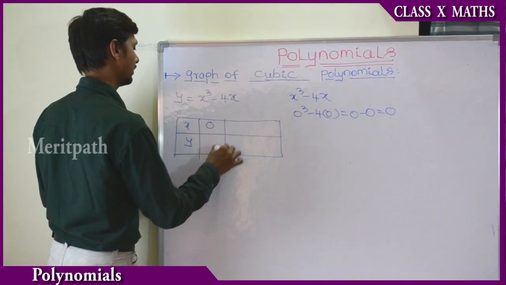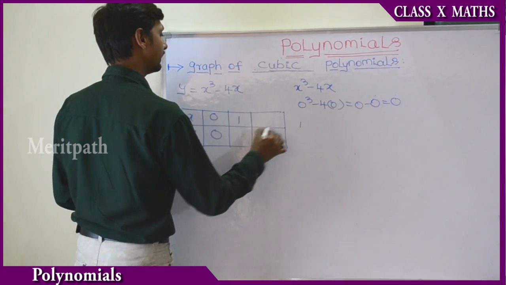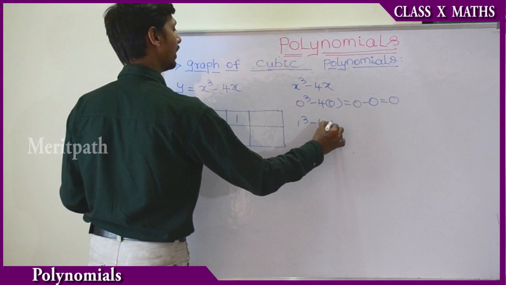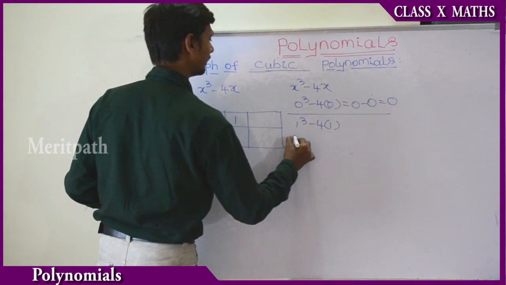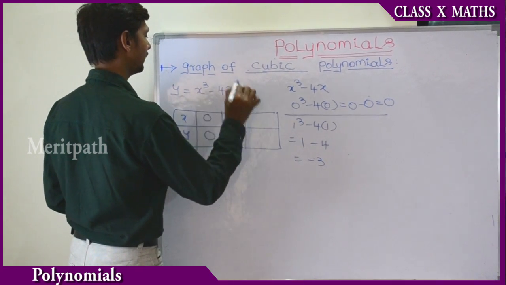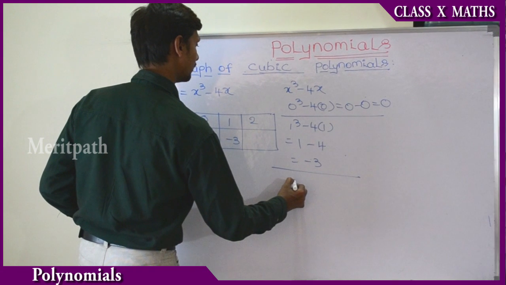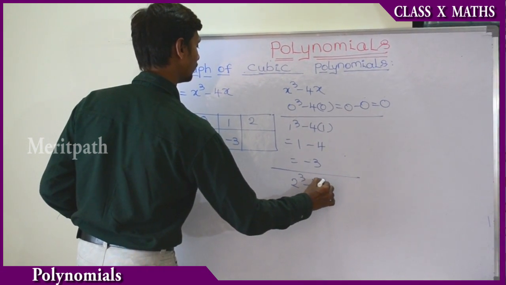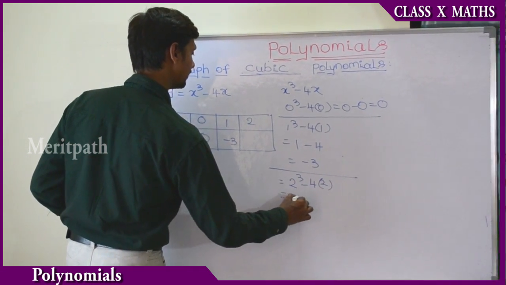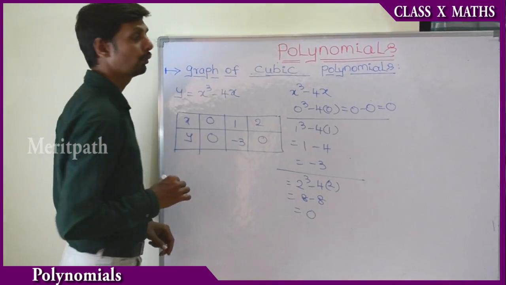And the next, if we take 1, 1 cubed minus 4 into 1, then we get 1 minus 4, that is minus 3. The next one, if we take 2, 2 cubed minus 4 into 2, 2 cubed is 8, minus 8, 8 minus 8 is 0, 2 comma 0.